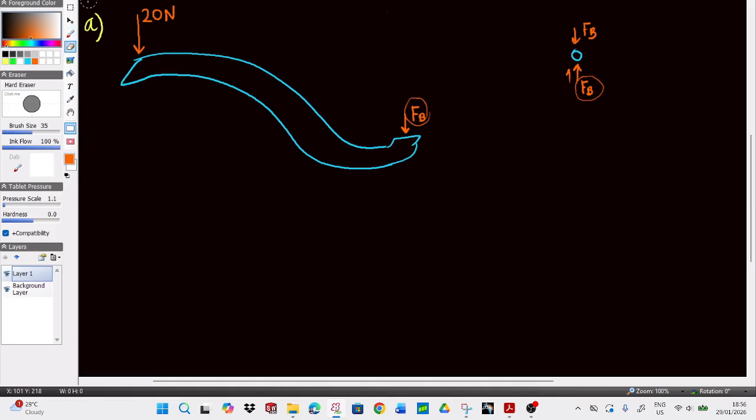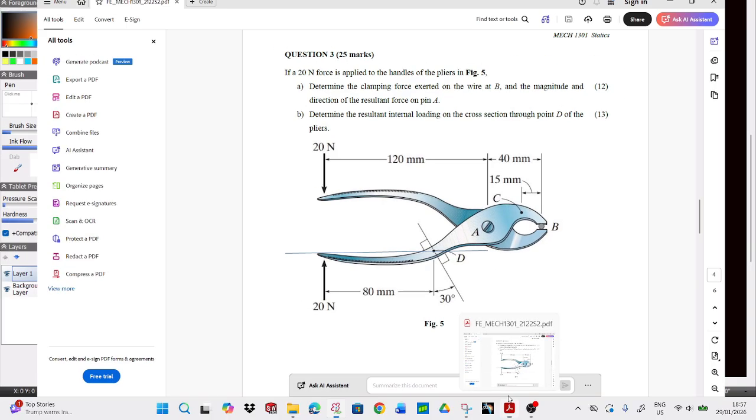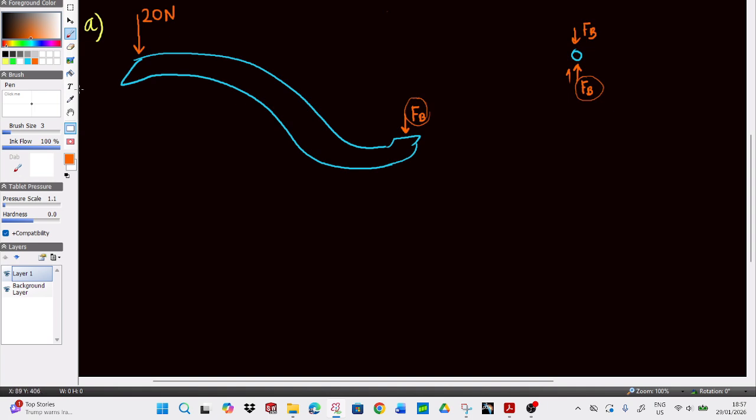All right, and what else do we have here? 120 millimeters from the 20 Newton force to the pin at A. Let me mark this pin here. At the pin at A you'd have the forces AY, and let's say this is AX, and the distance between those two is 120 millimeters.